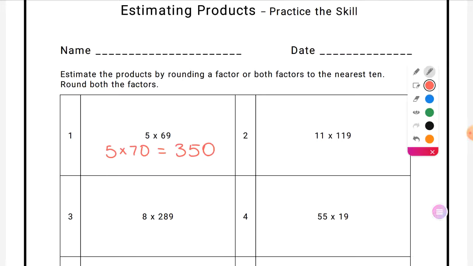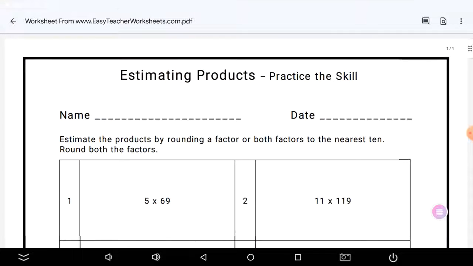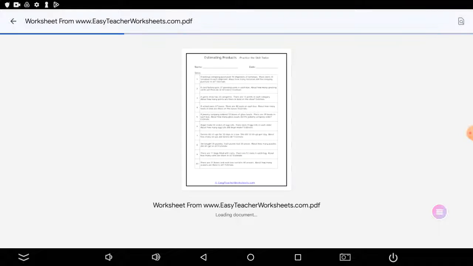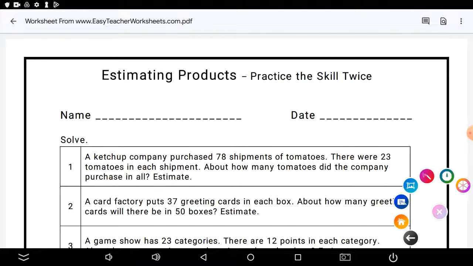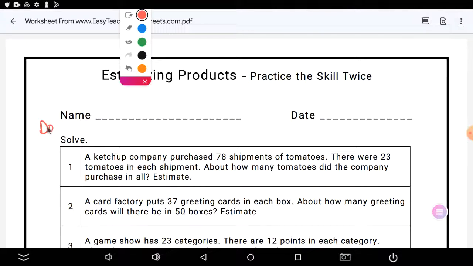Flip it to the back. Give me just a second to get there. On the back, it is all word problems. I'm going to have you make a note at the top. Do not solve. I'm going to tell you, you do not solve.